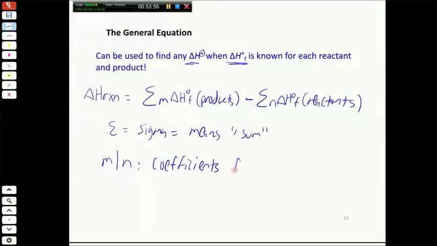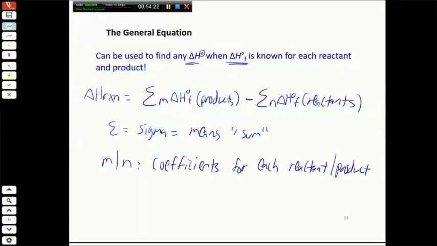Because the formation equation is defined for the formation of 1 mole of a compound, if that compound has a coefficient other than 1 in the balanced chemical equation, you have to modify the delta H by that coefficient, to account for the fact that you're using or forming more than 1 mole of that compound.